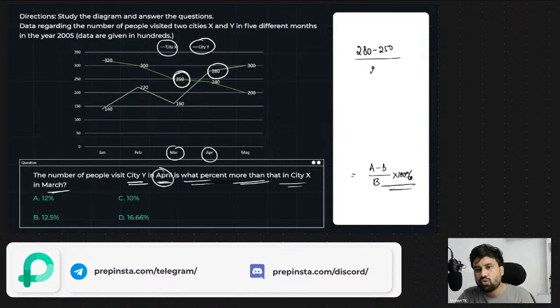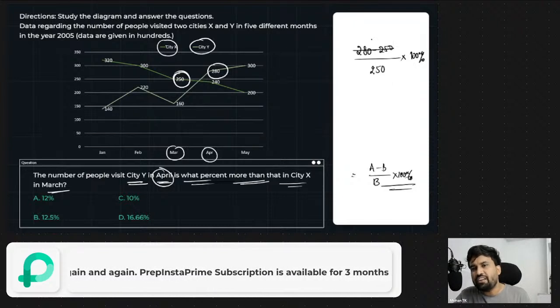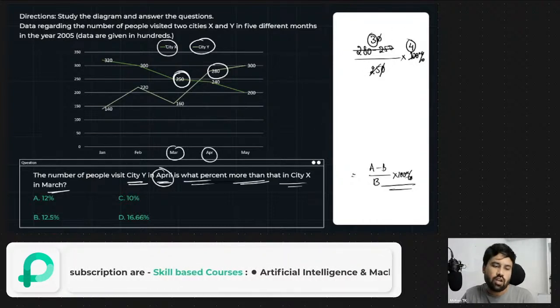So city X is 250 in the denominator. And in order to convert into percentage, you need to multiply with 100. So 280 and 250 difference is 30, and 0 got cancelled. 25 cancel 100 4 times. So 4 3s are 12. So 12% is the answer.